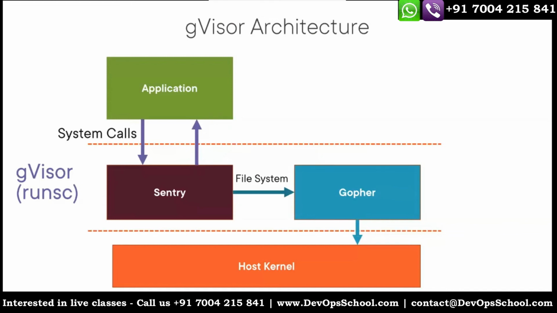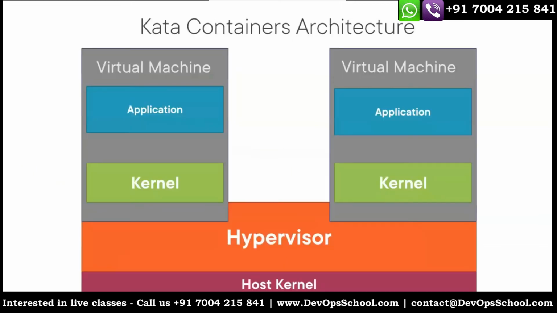Applications make a call to the Sentry. Sentry basically runs a secured runtime environment for the container, powered by gVisor, and for the file system Gofer is used, and then the host kernel. This way the runtime environment can be protected.